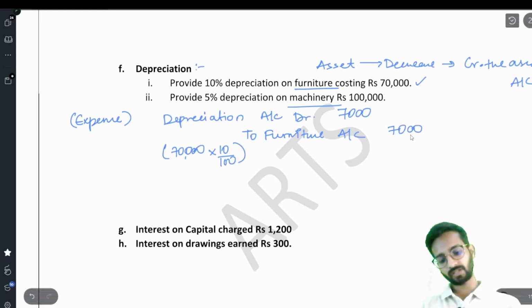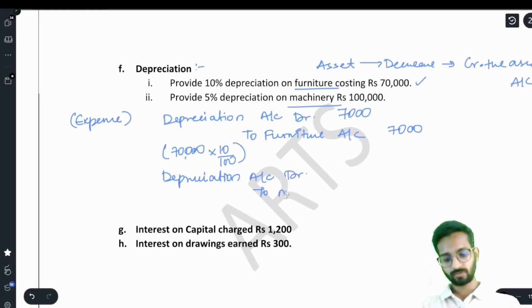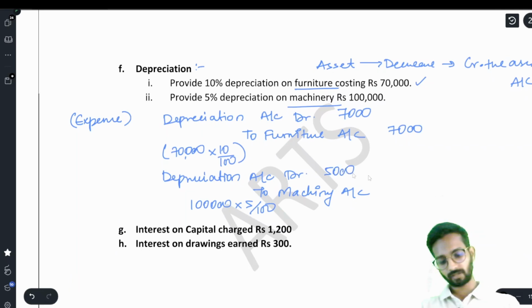Same thing with the machinery. Depreciation account debit to machinery account. 1 lakh into 5%, that is 5,000.